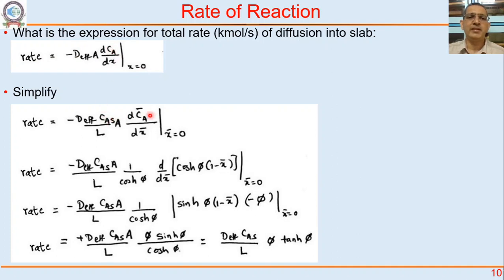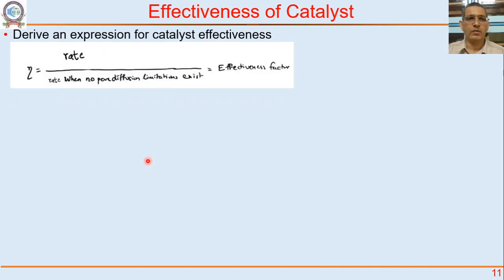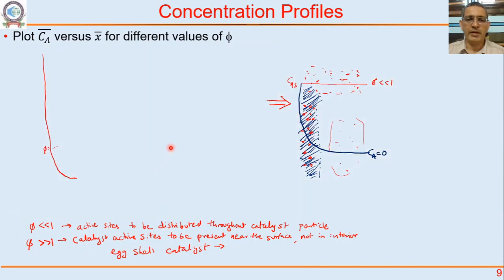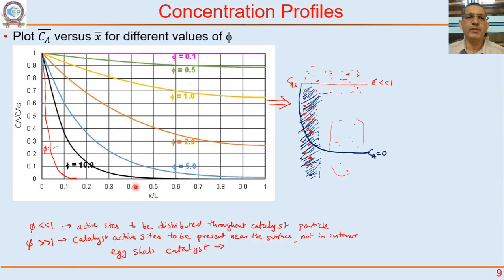It will become D effective CAS A over L, dCA bar by dx bar at x equal to 0. This is my rate expression, with cos phi (1 minus x bar) divided by cos phi. I have to differentiate this with respect to x bar and put x bar equal to 0.